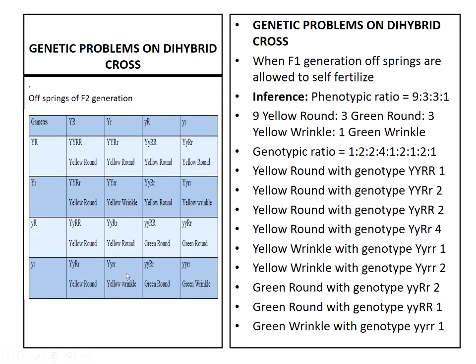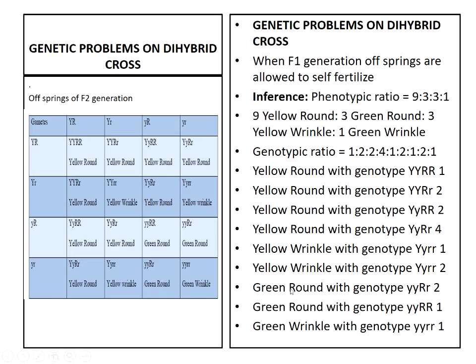So here it is yellow wrinkle capital Y, small r, small r. Here it is 1 and also the other one is here.